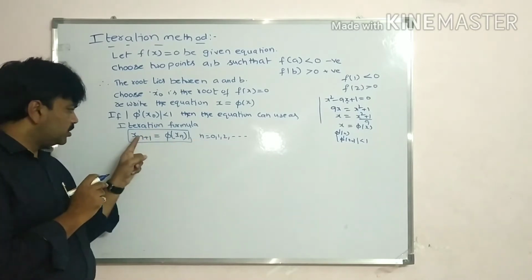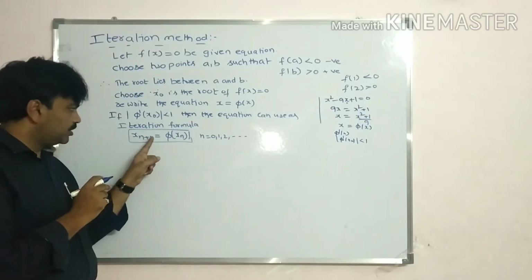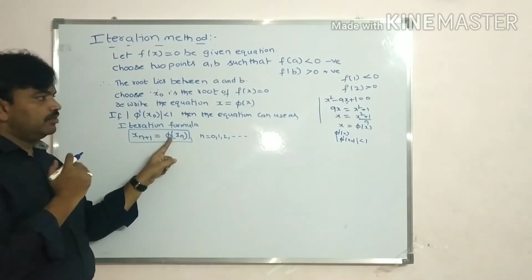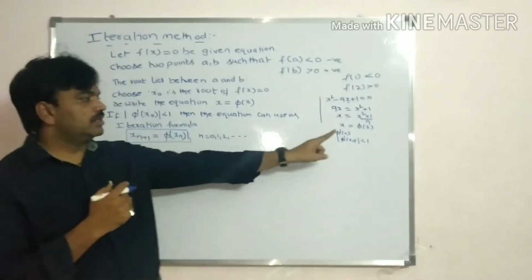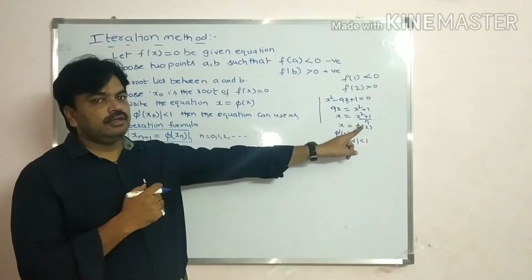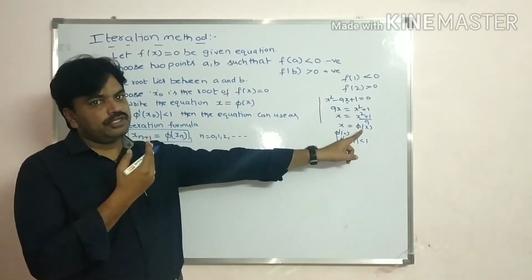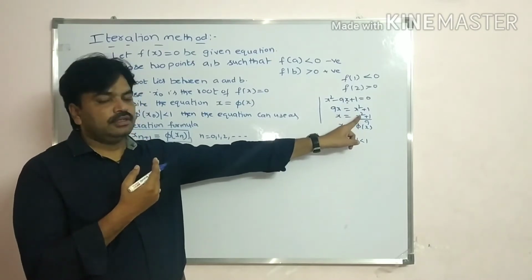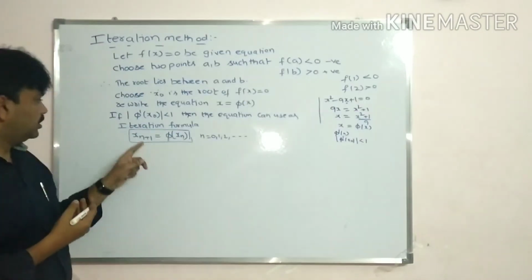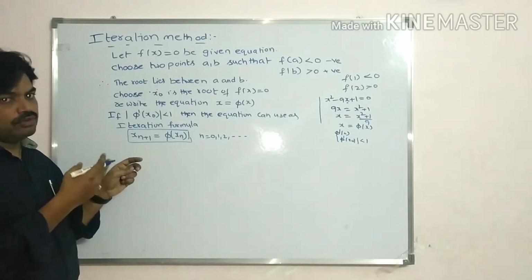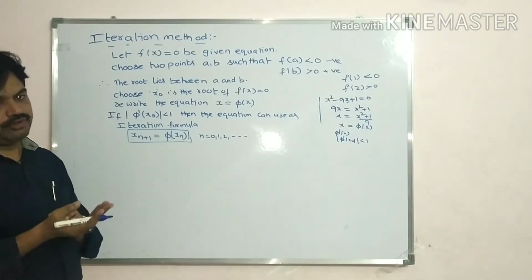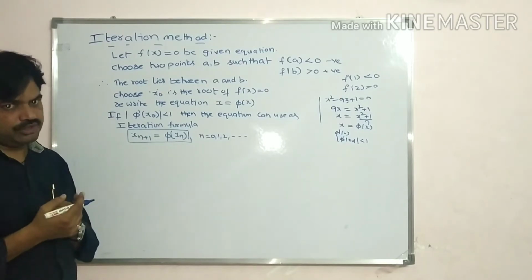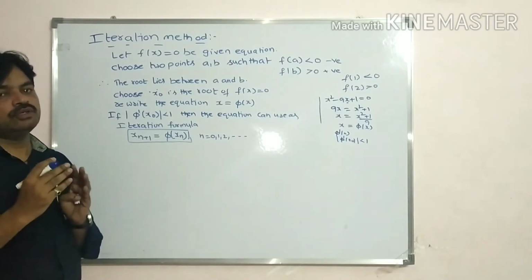Now, substitute n is equal to 0 here, we get x1 is equal to phi of x0. We are substituting initial point, initial root x0 here. Then you got x1. You go for further approximations. When two approximations are equal, then you got the required root.